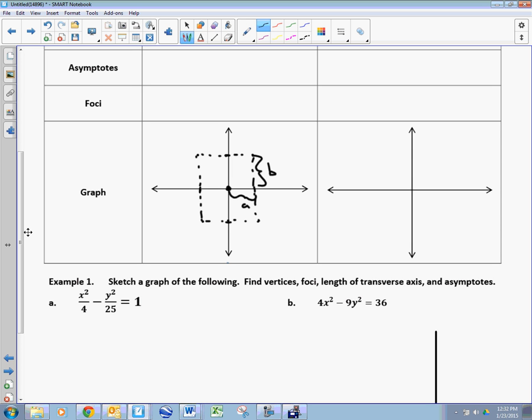These graphs have what we call asymptotes, which you've learned about before. They are imaginary lines that the graph approaches but never touches, and they go through the diagonals of the box. None of this is actually the graph of the hyperbola. It's just the diagram that we use to construct it.